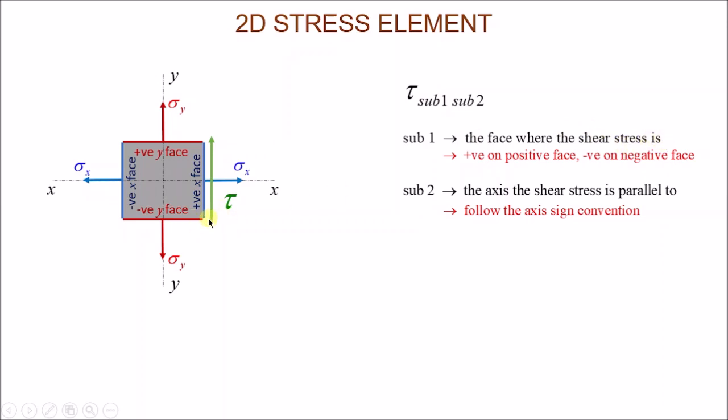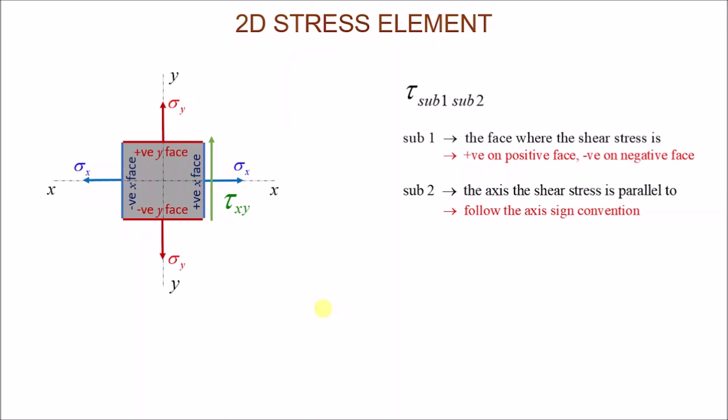If you look at this shear stress here, the face where it is is an X face, okay? So the first subscript is going to be X. And the second subscript is the axis the shear stress is parallel to, and in this case that axis is Y. So therefore my second subscript will be Y.